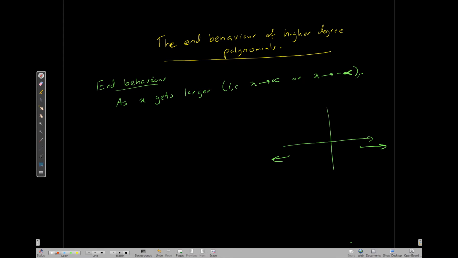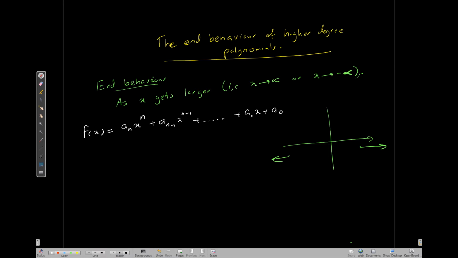Let me write down f of x equals a_n x to the n plus a_(n-1) x to the n minus 1 plus ... plus a_1 x plus a_0. So this is an nth degree polynomial.